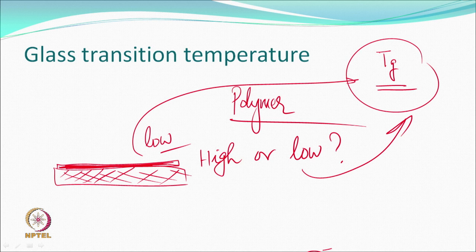But obviously, some of it for anchoring purposes may penetrate if you are working through solutions into the structure to get good anchoring. So, that does not delaminate very easily, and so people will want some amount of diffusion so that there is a good anchor.